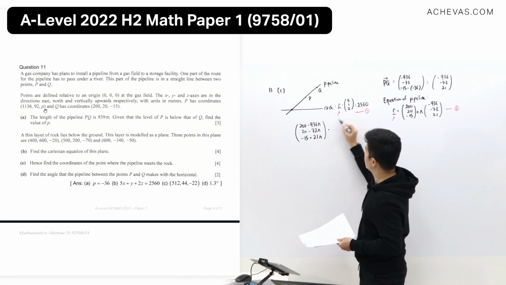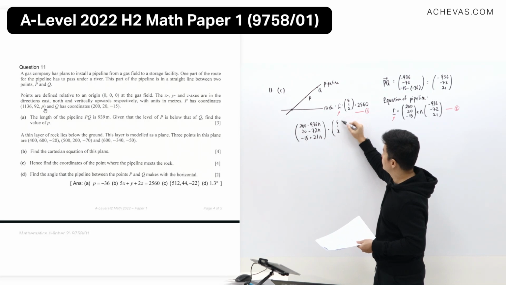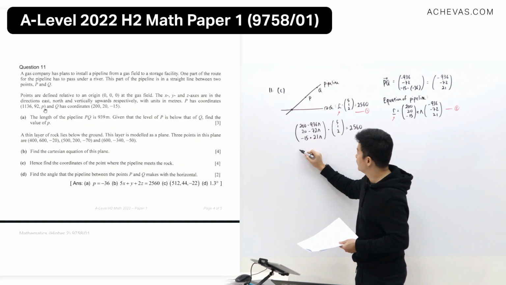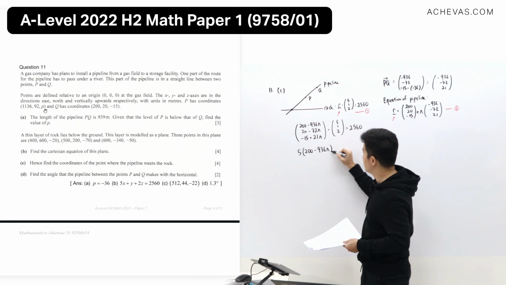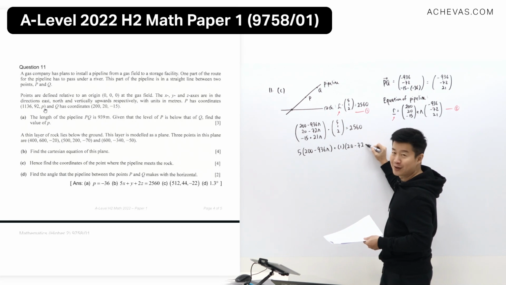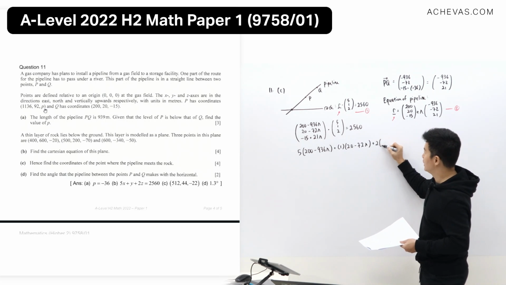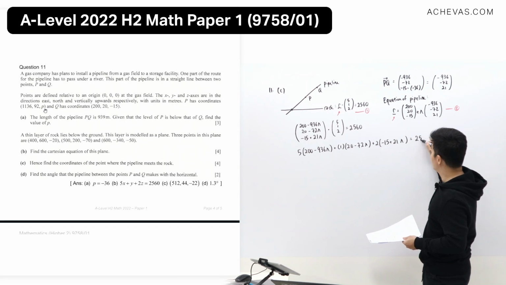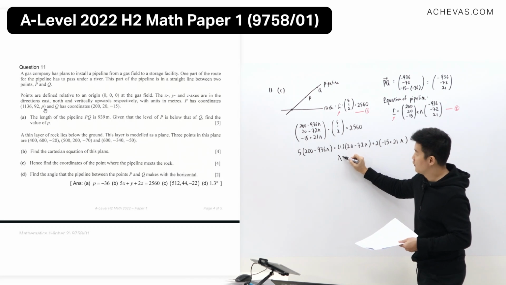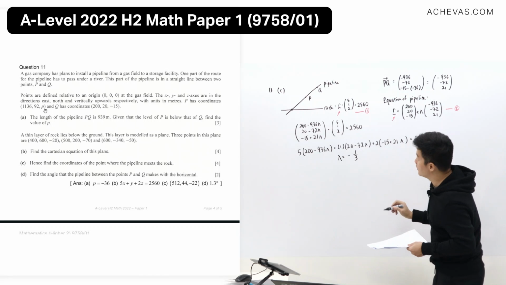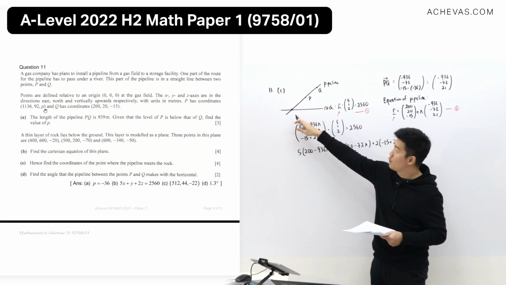Substituting into here, evaluating the dot product will be 5 times (200 - 936 lambda) plus 1 times (20 - 72 lambda) plus 2 times (-15 + 21 lambda). This is equal to 2560. If you were to solve for lambda, it is going to be equal to negative 1/3. So this is the value of lambda when this happens.